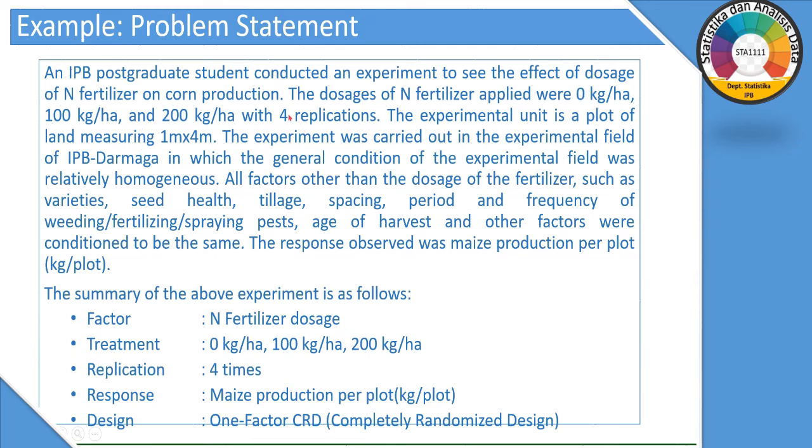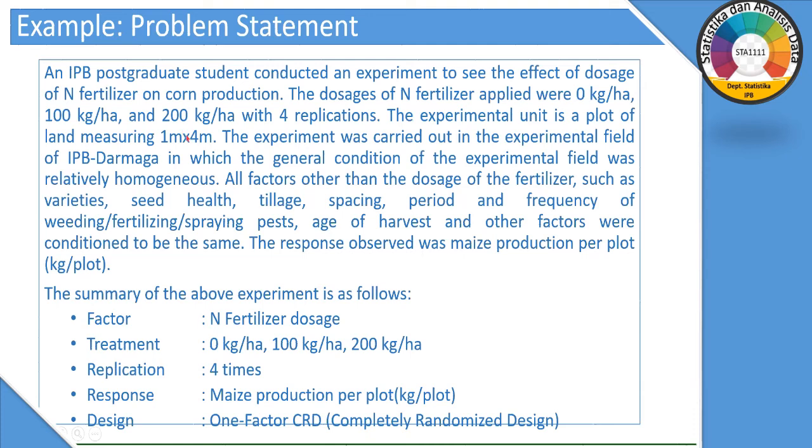Very similar to the example that I explained to you with the effect of dosage on blood pressure. The experimental unit is a plot, because it is a field experiment, right? It's a plot measuring 1 times 4 meter square.